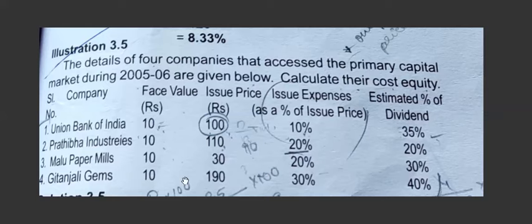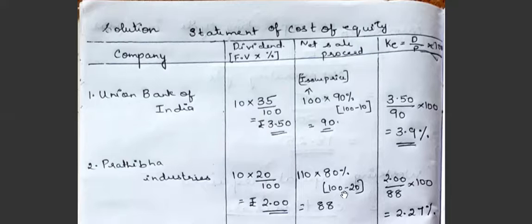So 110 into 80% gives 88 rupees. Now 2 divided by 88 into 100, you will get 2.27%.